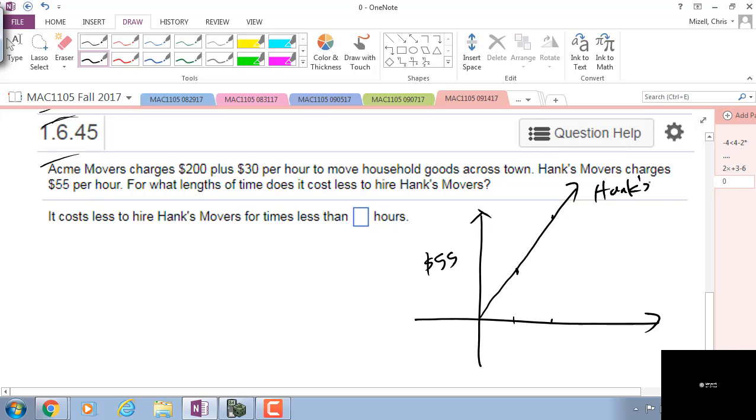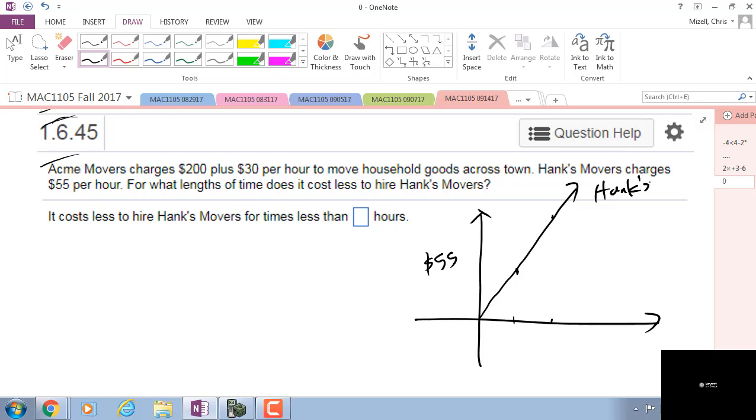Hank's charge function would look something like that, although if he doesn't break it down to fractions of an hour, it might be more of a step function than a straight line, but this gives us an idea of how it would look.